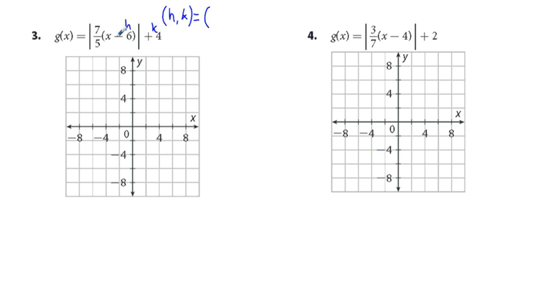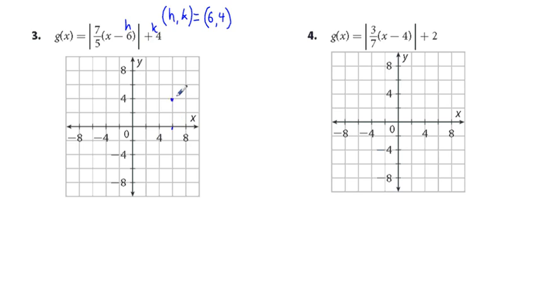Well, in this form, x minus h would have to be 6. So that's our x-coordinate. And then we have plus k, well, k is 4. And so that's what we have. And so we go 6 to the right, and we go up 4.